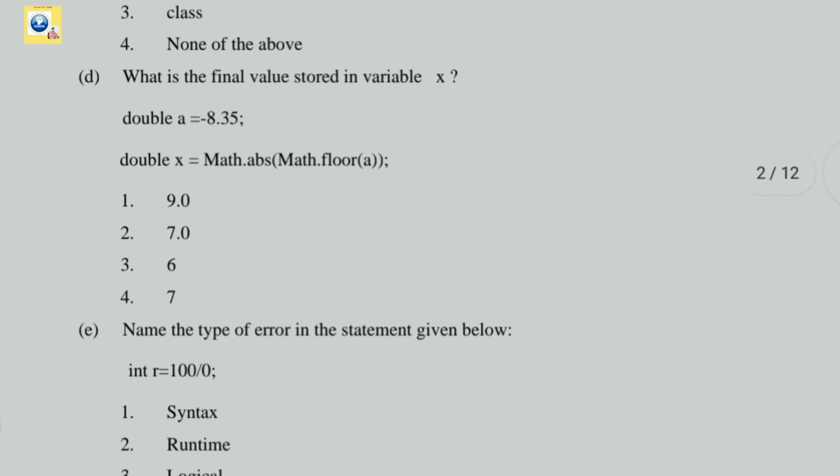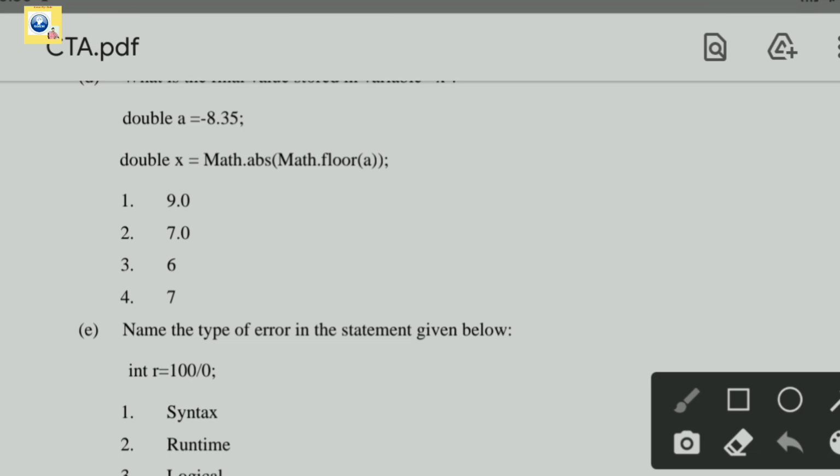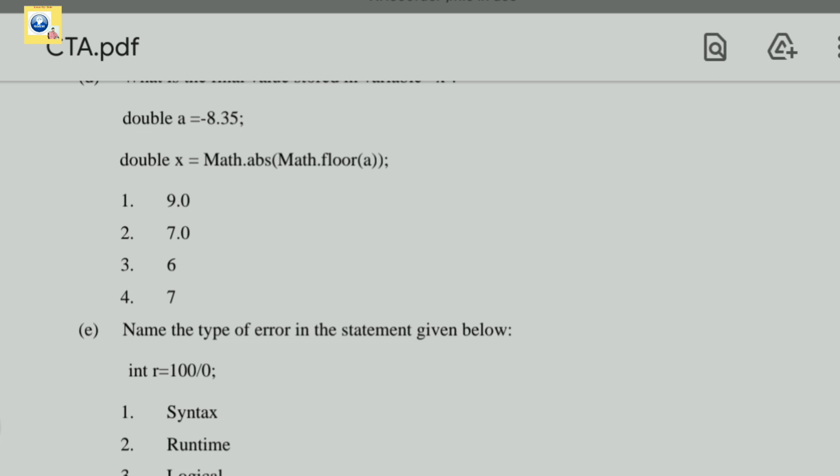Moving towards question number 4, what is the final value stored in the variable x? If you see here, the variable name is a, the type is double, and the value is minus 8.35.